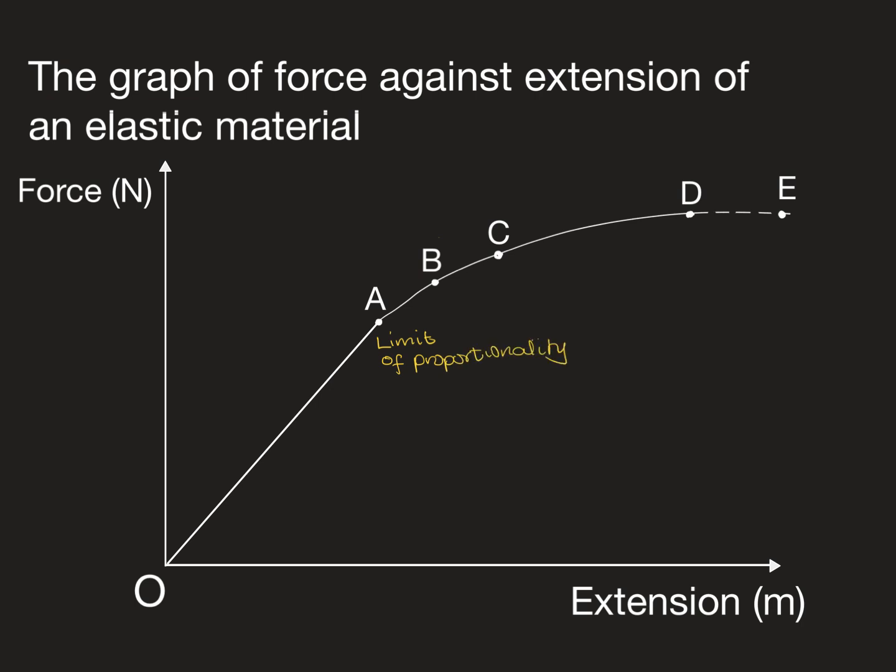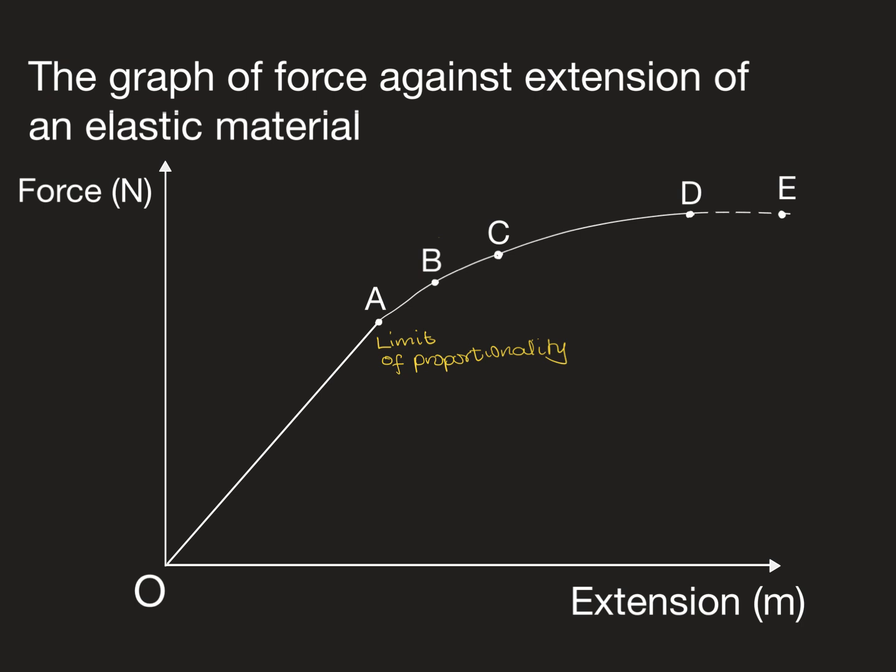And what you can immediately observe from this point A to the origin point O is a straight line. This explains that the more force you apply, the more the extension. So that is called the limit of proportionality.